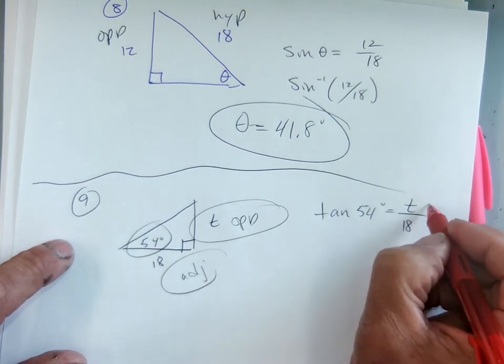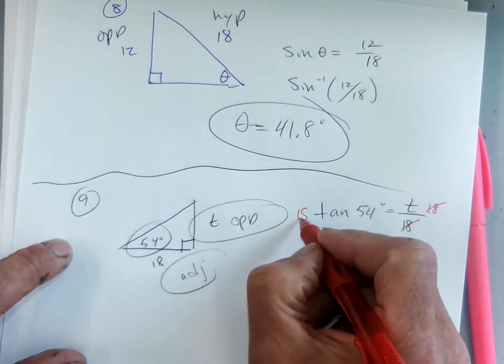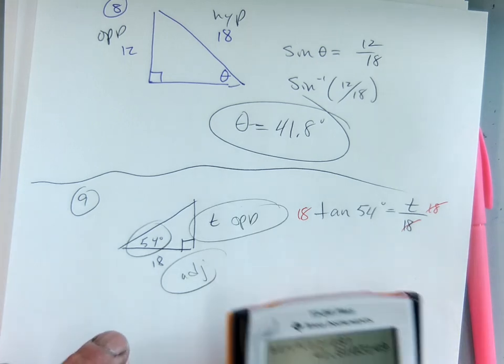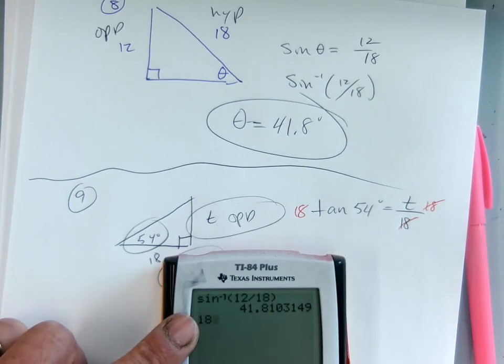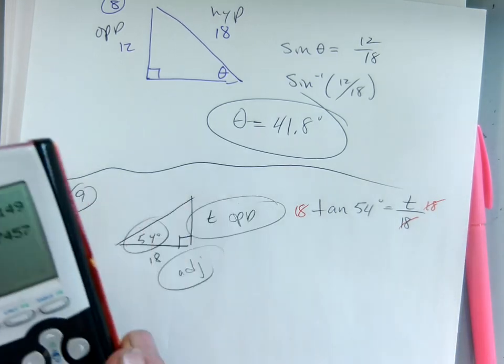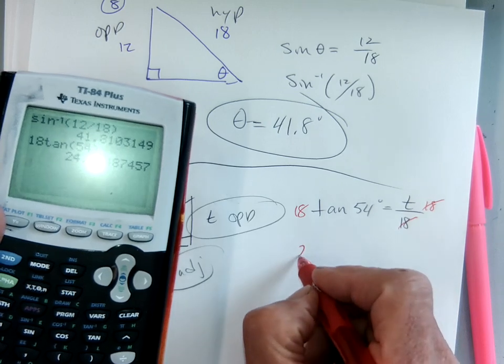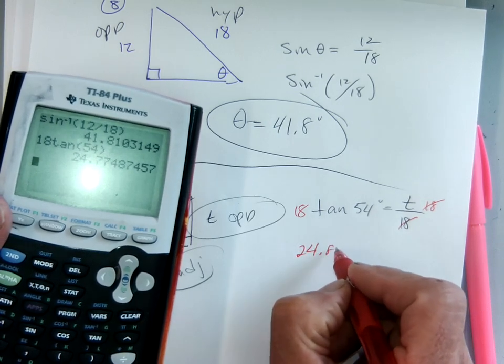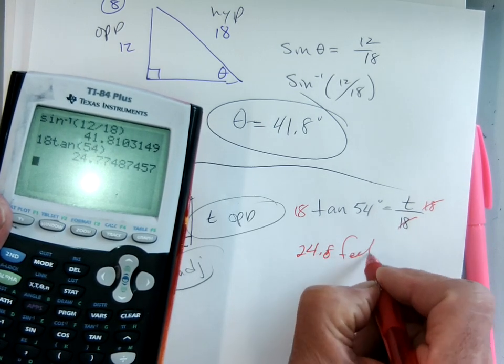Multiply both sides by 18, and 18 times the tangent of 54, I get about 24.77. I might round it to 24.8, okay? Probably feet. I'm sure it's feet.